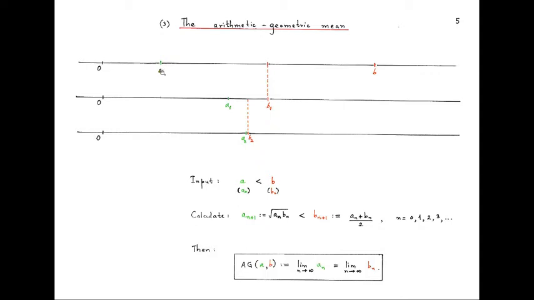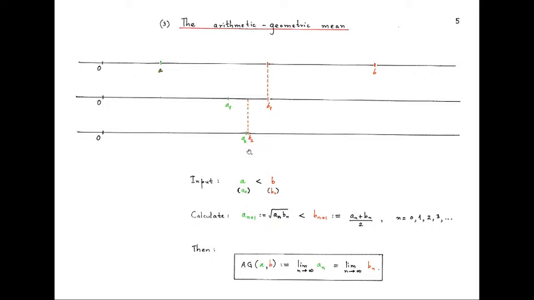So starting from the two numbers a and b, we have now got these two new numbers, a1 and b1, where a1 is the geometric mean of the previous numbers and b1 is the arithmetic mean of the previous two numbers. But we can continue this process. So we again take the arithmetic mean of these two new numbers, and that I call b2, and we take the geometric mean of these two numbers, and that I call a2, and again a2 lies to the left of b2.